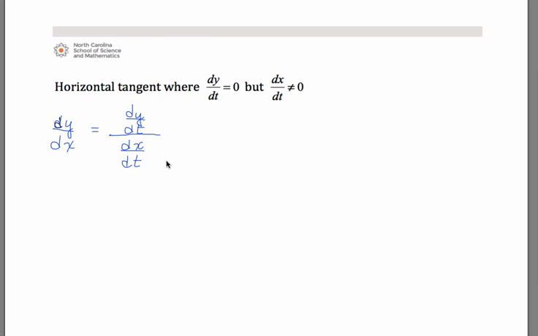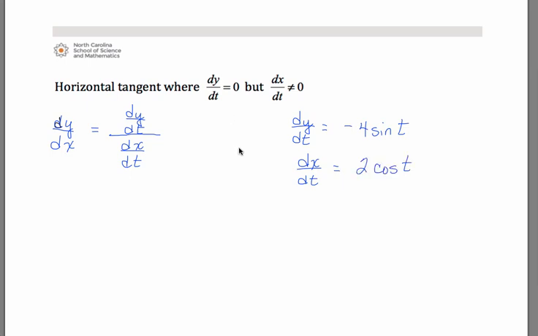So let's go ahead and find for ourselves what dy/dt and dx/dt were based upon what we were given. dy/dt, when we take the derivative of 4 cosine t, ends up being negative 4 sine t, and dx/dt, remember we were given that x was equal to 2 sine t, dx/dt will be 2 cosine t.